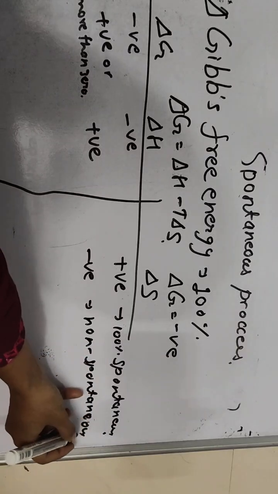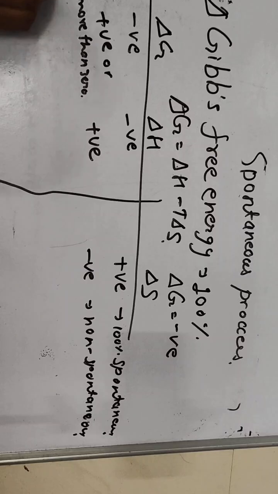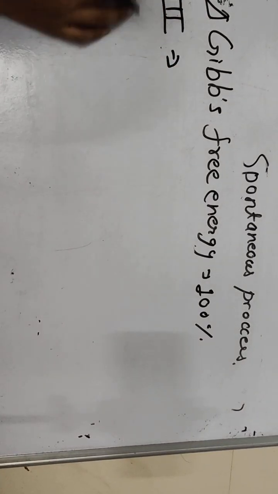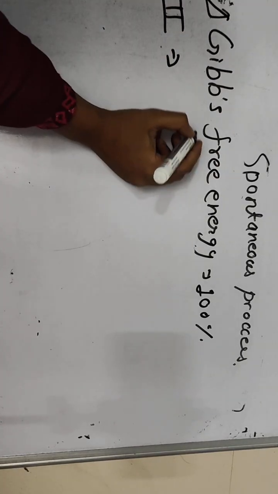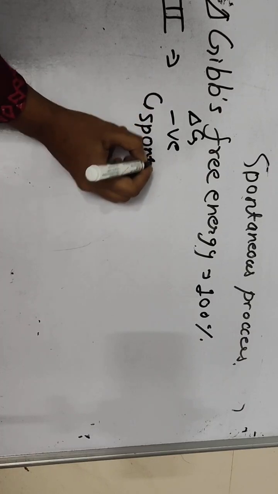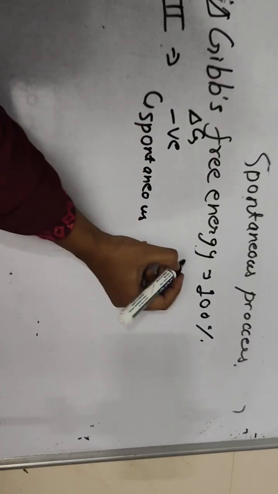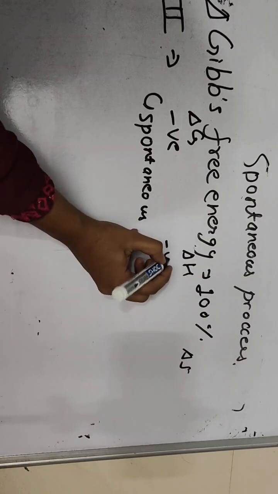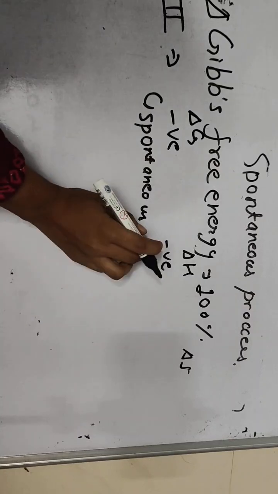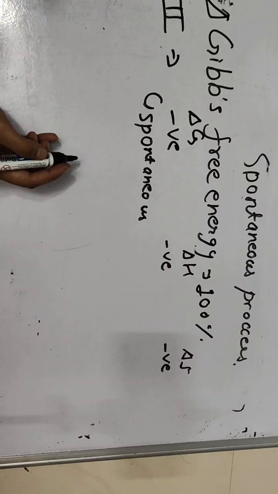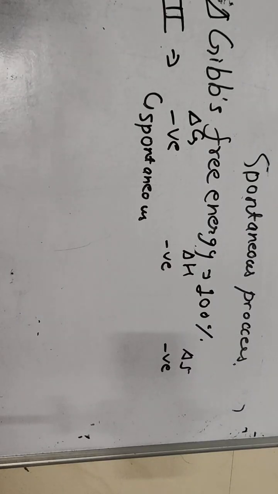And there are some certain cases which we have to discuss, the third case. If delta G is negative, then it is a spontaneous reaction. So there are certain cases in which delta G can be negative. If delta H is negative and delta S is also negative, then this can be spontaneous or non-spontaneous. It basically depends upon the temperature at which we are working.